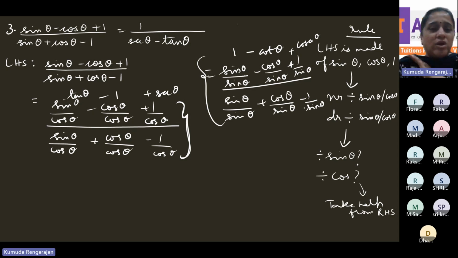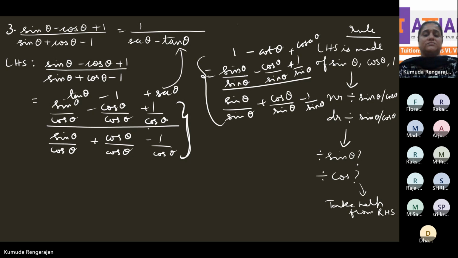Forget the signs. We are not worried about the signs, we are only worried about the ratios. When you divide the numerator and denominator by sin theta, it converts to cosecant theta and cot theta. But when you divide by cos theta, it converts to tan theta and secant theta, and that is what we have in the RHS here.